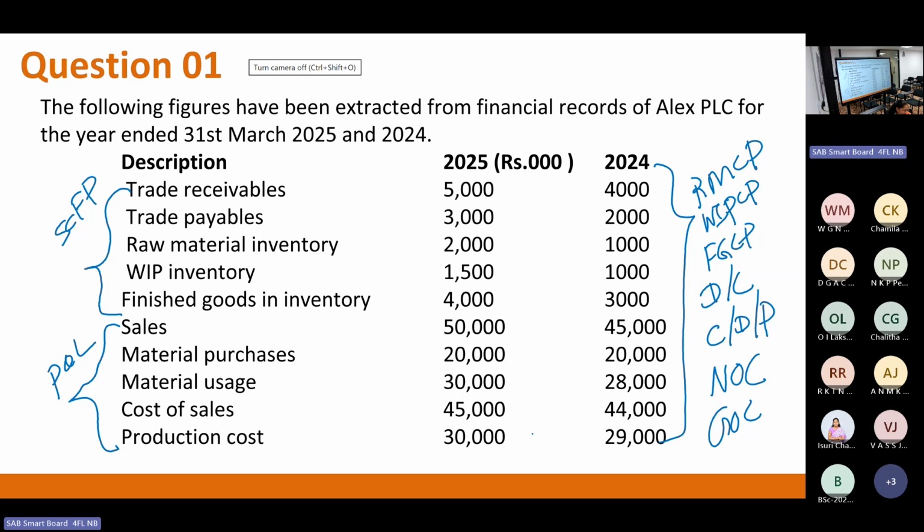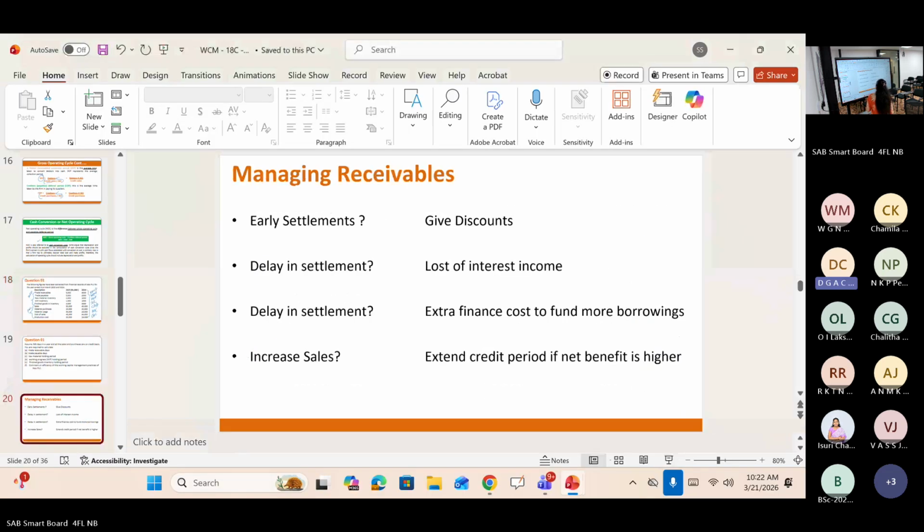Raw material conversion period, how many days? No one is going to answer for me. RMCP, how many days? 18 days. 18 days, okay.